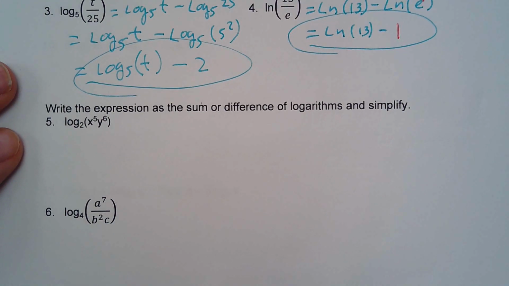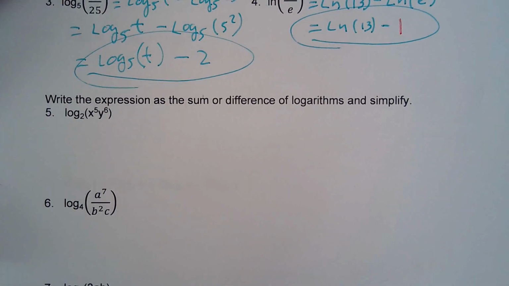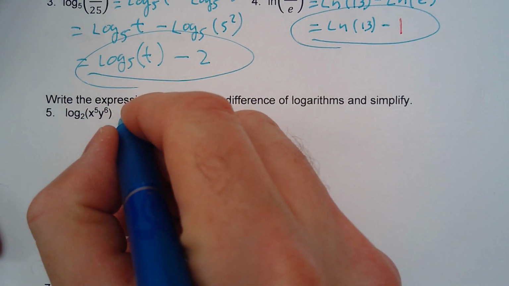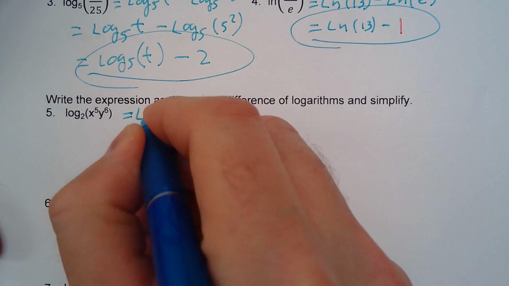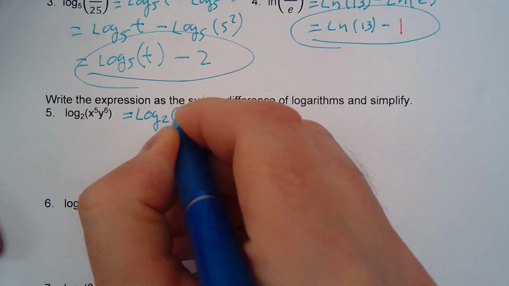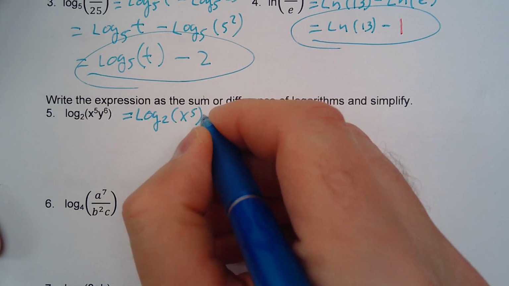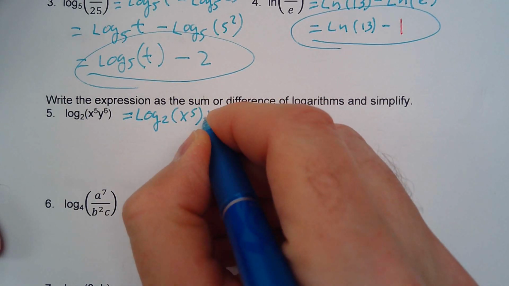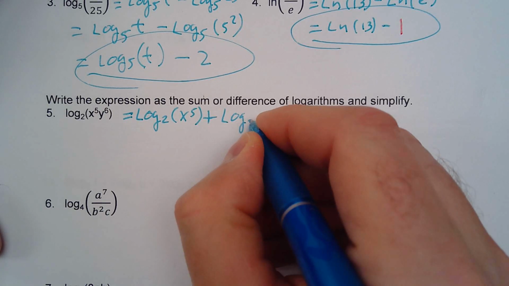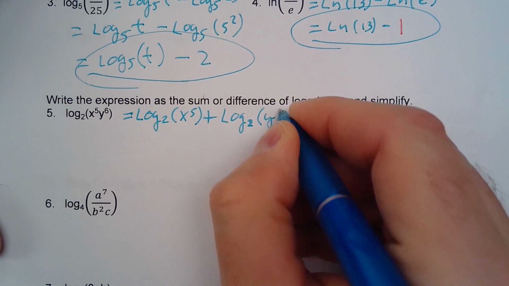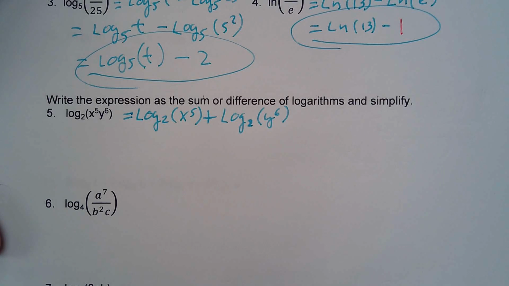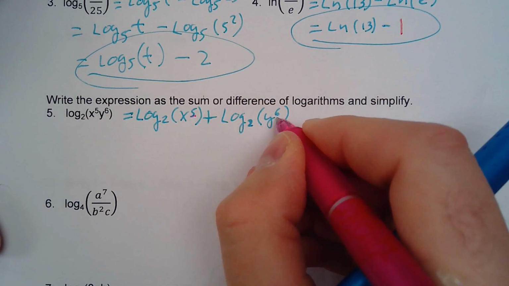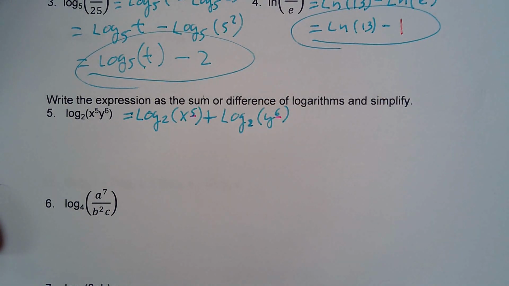Alright, so let's go and do some more complicated ones. So we have a product, log of a product. We're going to write as sum of the log of the factors. And then I need to bring these exponents in front.